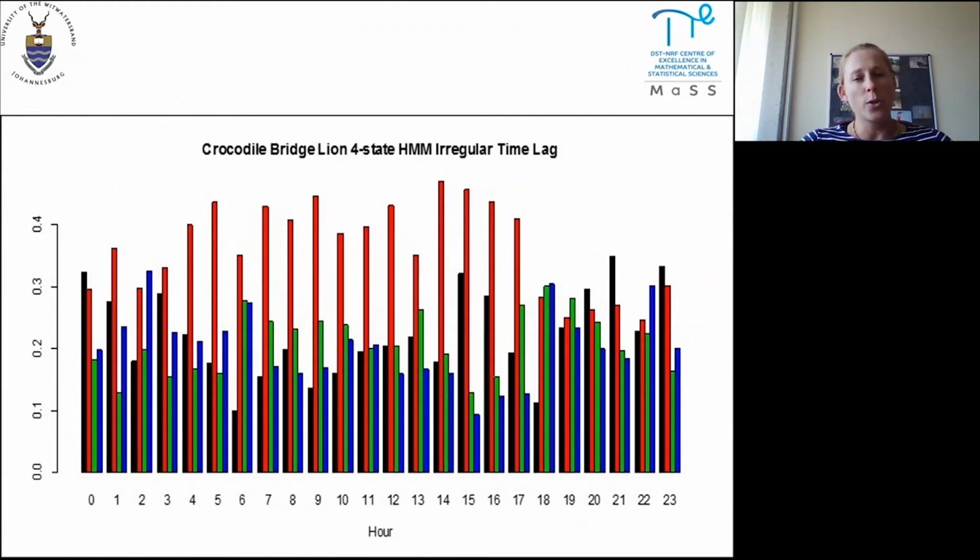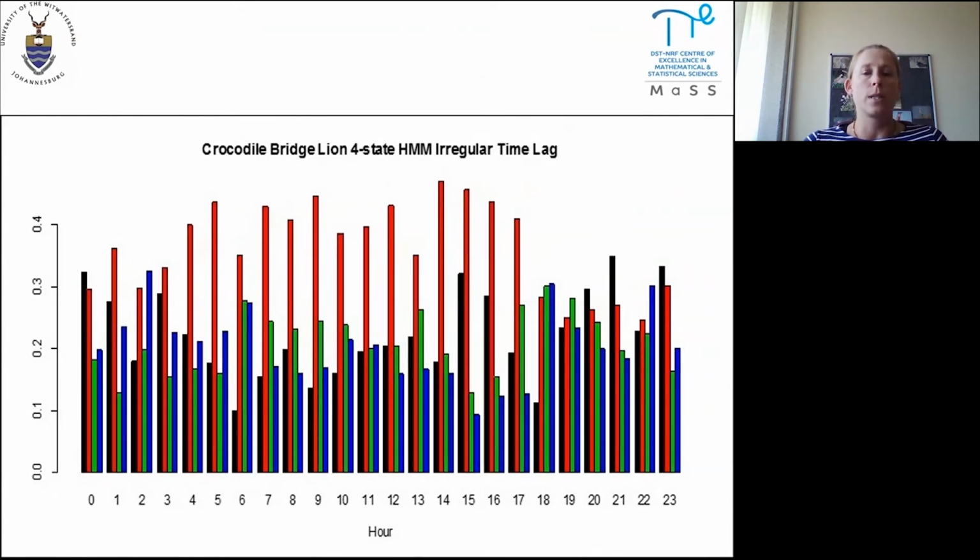Hopefully you can see that the red state, which is state 2, is very dominant during the day. State 2, which we said was quite short movements, is very much the animal resting, not a lot of activity at this point. The other states, the black, green, and the blue, vary during the day.